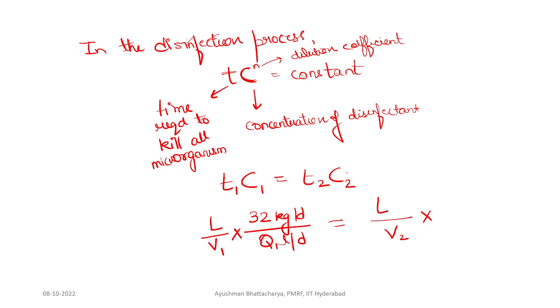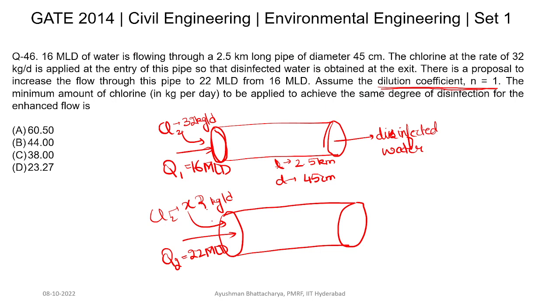C is the concentration, and the question is asking for the Cl2 which they have to apply to get the same degree of disinfection. So chlorine here is X. This is what we want to know, and the flow rate is Q2.